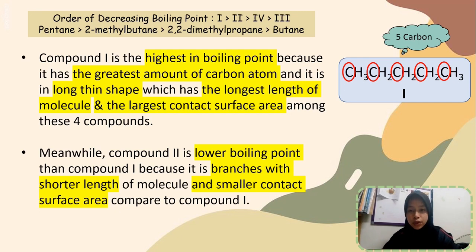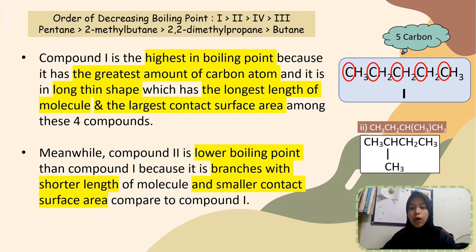Meanwhile, compound number 2, which is 2-methyl butane, is the second highest in boiling point and has a lower boiling point than compound number 1 because 2-methyl butane has a branch, compared to compound number 1, pentane, which doesn't have a branch. So, the branch in compound number 2 makes the molecule shorter in length and smaller in contact surface area compared to compound number 1.